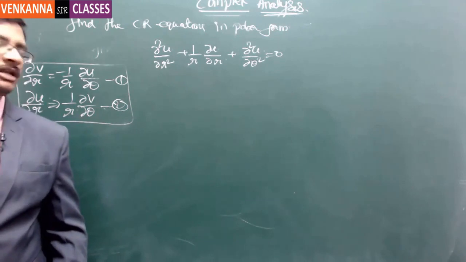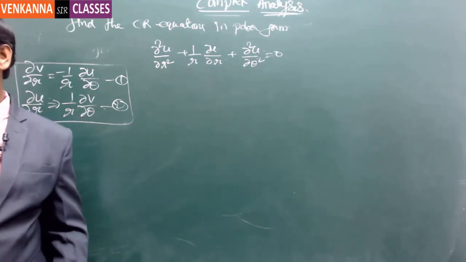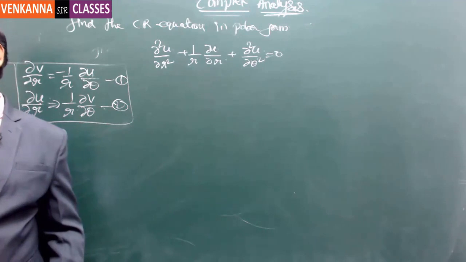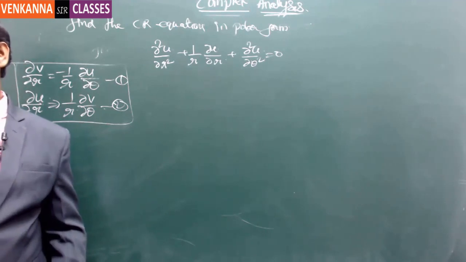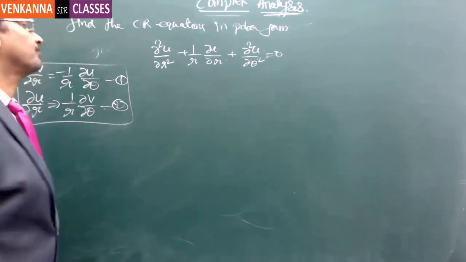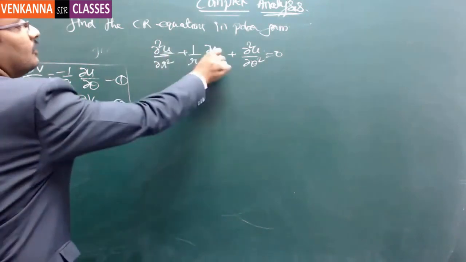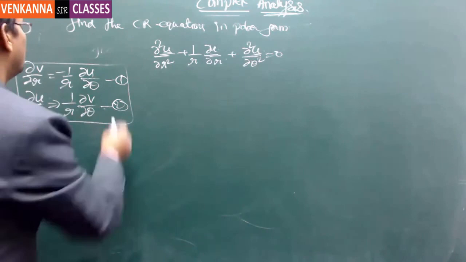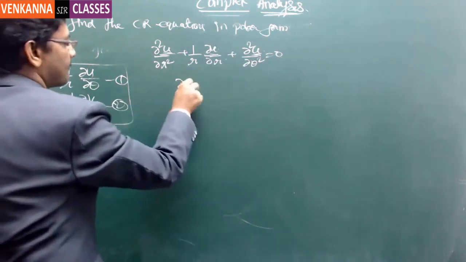Other than Kavya, anybody else got? This is straightforward. See this? Every value is u here. Now from this relation, you keep dou u by dou theta one side.